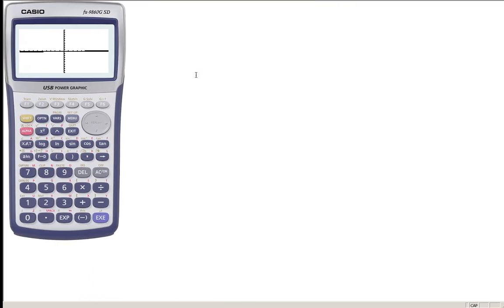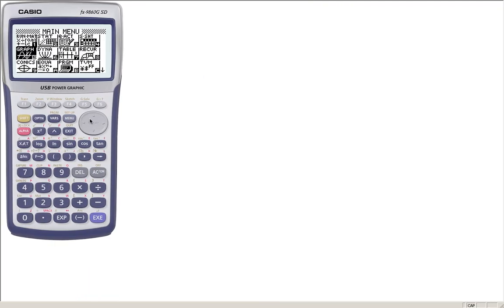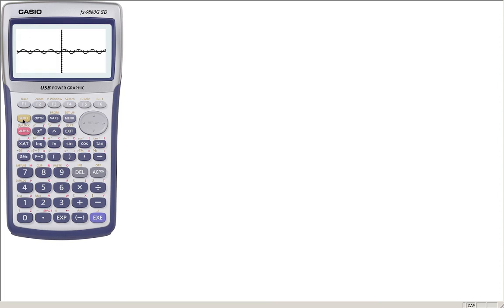So go to menu, run mode, shift menu, and then please make sure that the angle is in radian mode. Exit, menu, graph. Now let me shift view window, let me make it trigonometric. Yeah, you get the answer, right?